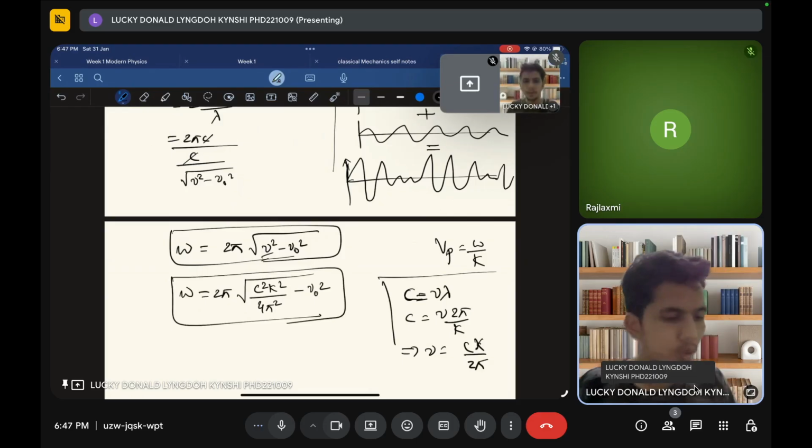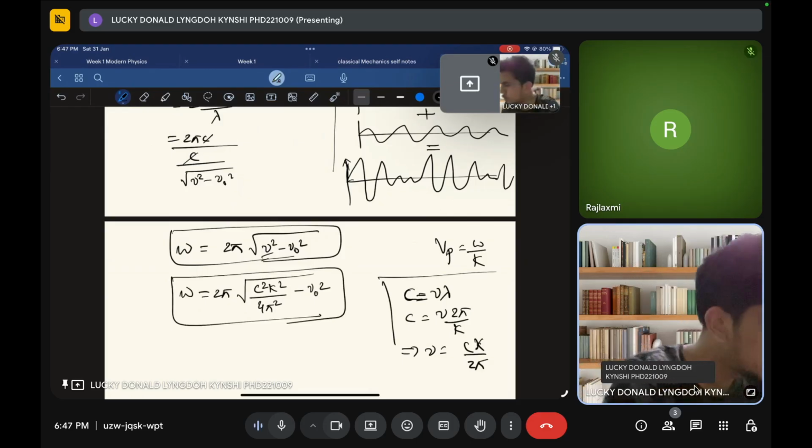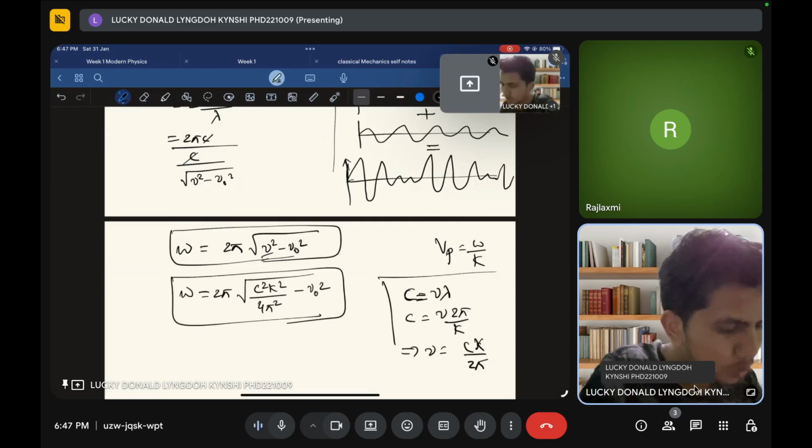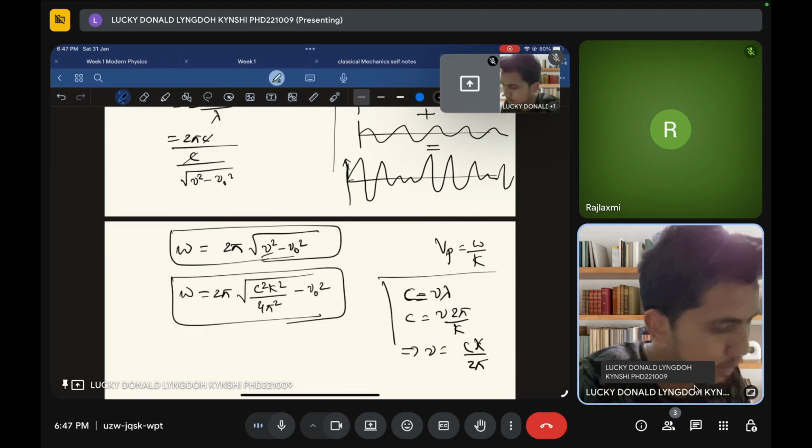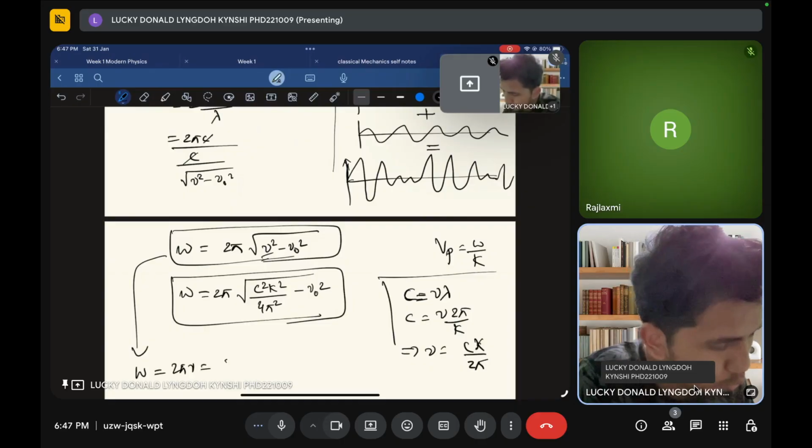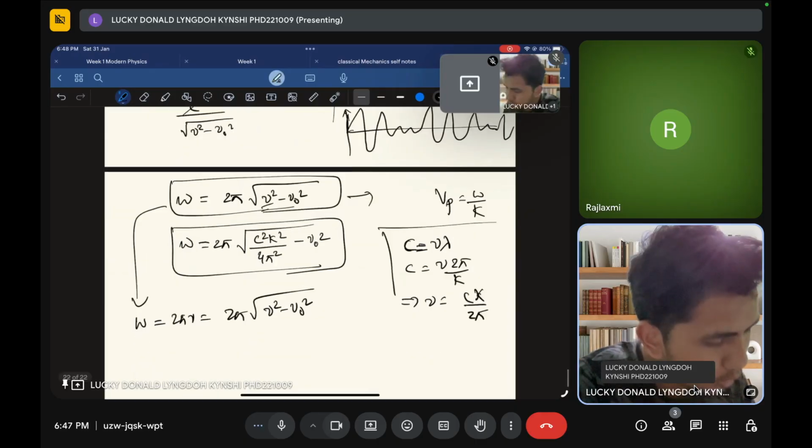Interestingly, you can also note down here that omega is equal to 2 pi mu, which according to this equation is 2 pi root of mu square minus mu naught square.